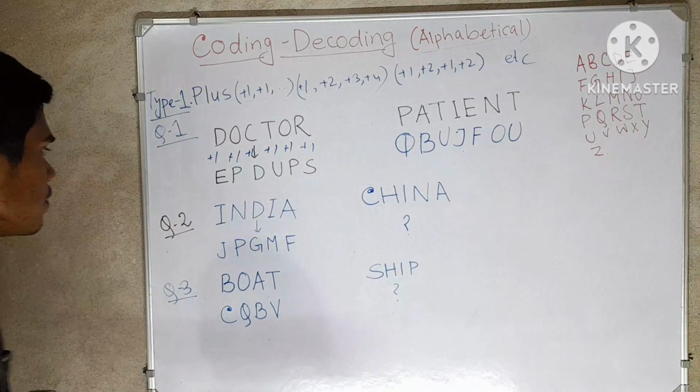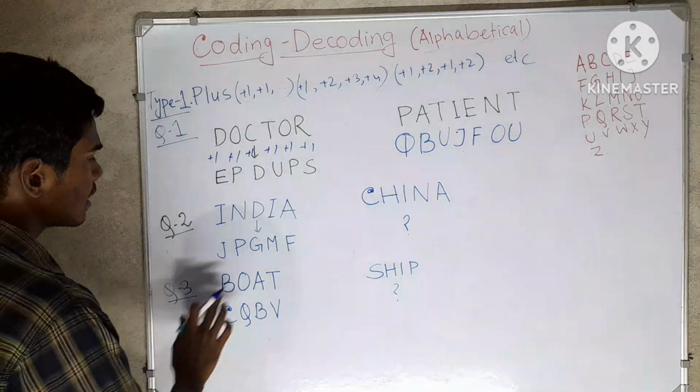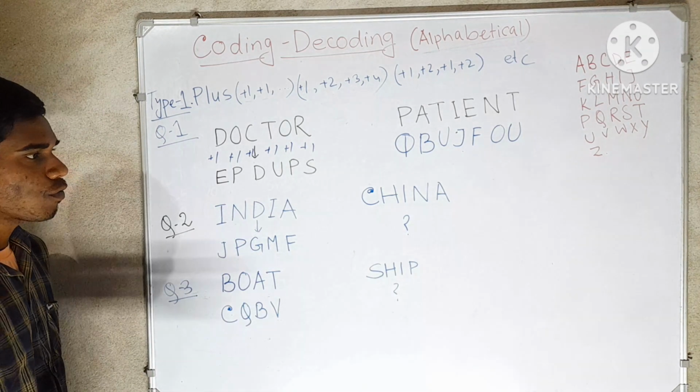QBUJFOU. Question number 2. If India is coded as JPGMF, then what is the code for China?